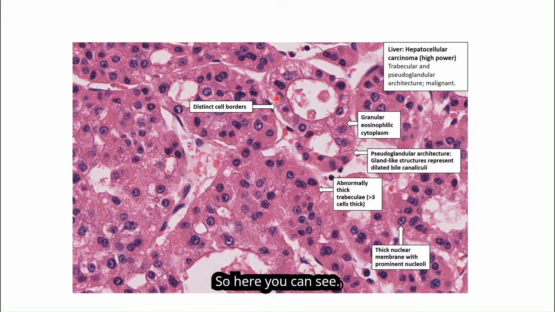So here you can see this is the case of hepatocellular carcinoma, showing malignant hepatocytes having granular eosinophilic cytoplasm with distinct cell border, some showing glandular appearance, and trabeculae are formed having more than 3 cell thickness.